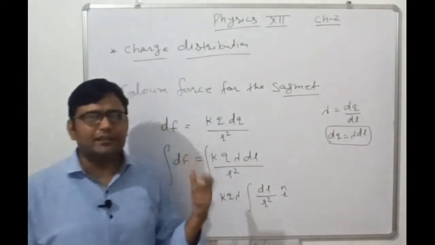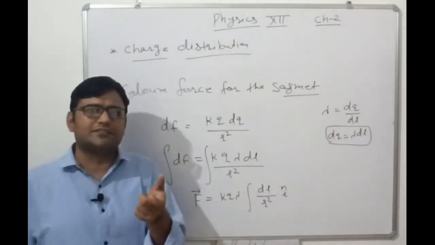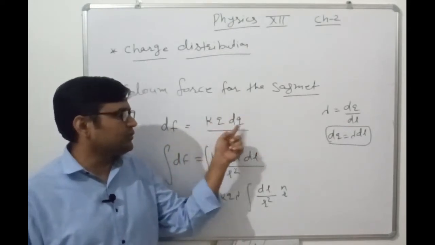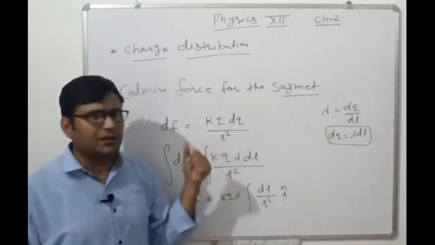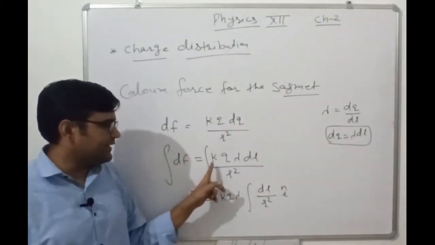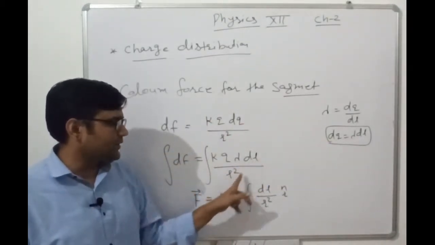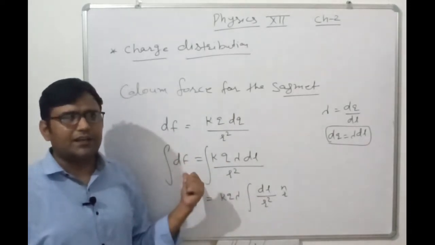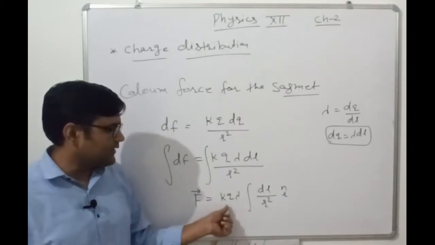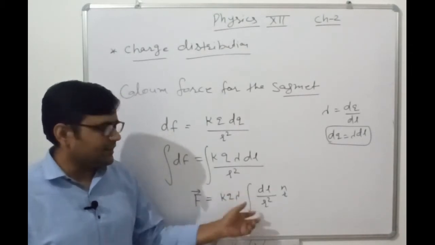Now we apply Coulomb's force for that particular segment. It is dF equal to kq, and in place of q2 we use dq, upon r square. Now this dq value is put here and we get kq lambda dl upon r square. After integrating both sides, we conclude F equal to kq lambda dl upon r square.